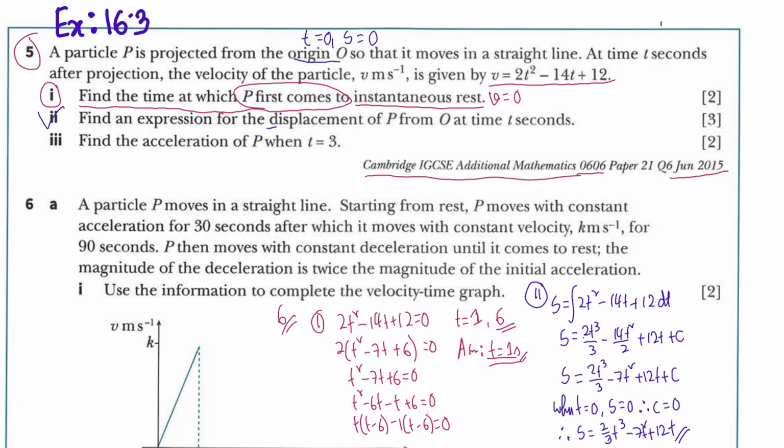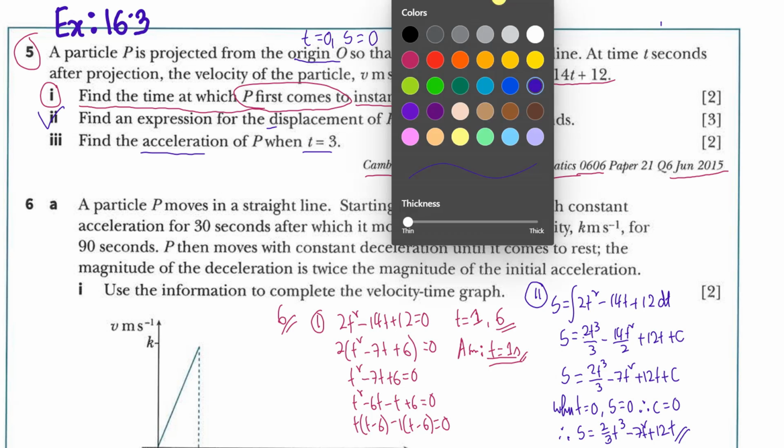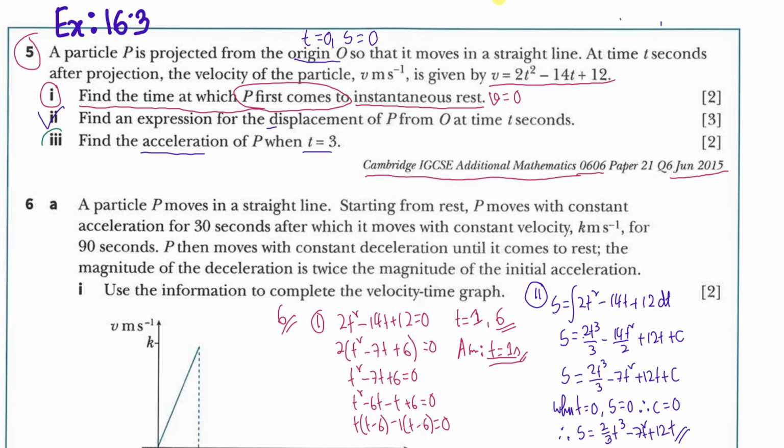Now the next question: find the acceleration of P when t = 2. For acceleration, we all know we need to differentiate velocity to get the acceleration expression. If we differentiate the velocity expression, we get 4t − 14.